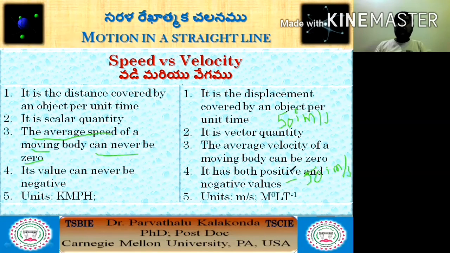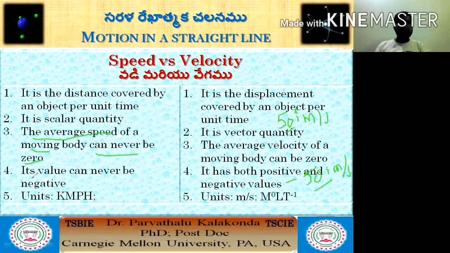So now when I add these two, plus 50 i minus 50 i, it is zero, right? So the average velocity of a moving body can be zero, whereas average speed can never be zero.